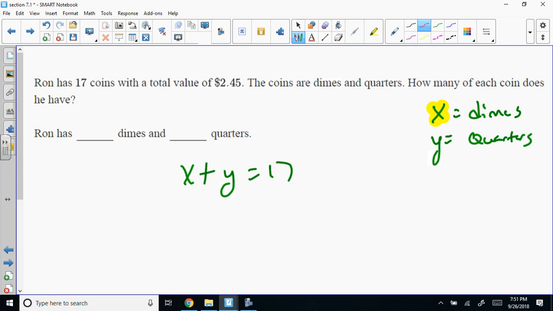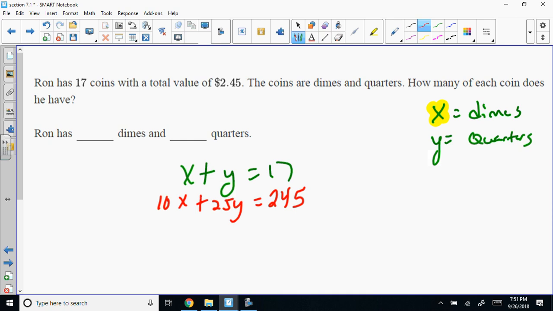Y'all with me? So a dime is worth how much? 10 cents plus a quarter, which is 25, equals 245 what? Cents. There you go. No decimals. You write it all in terms of cents, right?